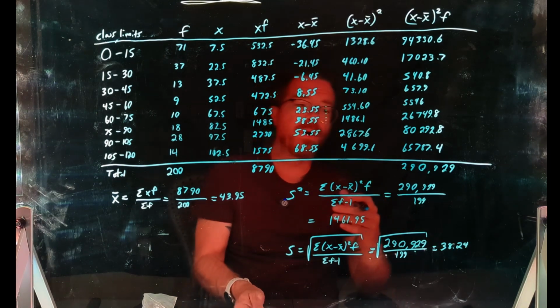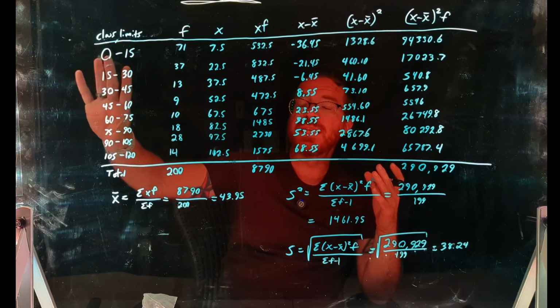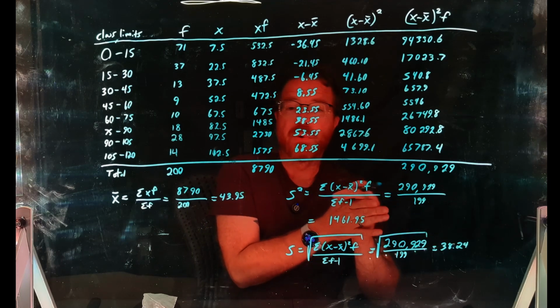And as we talked about before, you'll notice that this standard deviation makes much more sense within our data. We're saying that on average we deviate by 38.24.